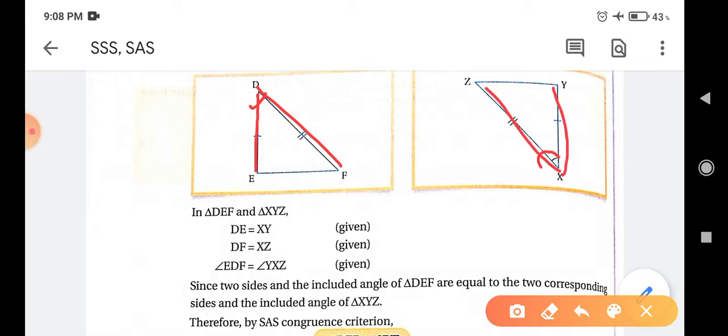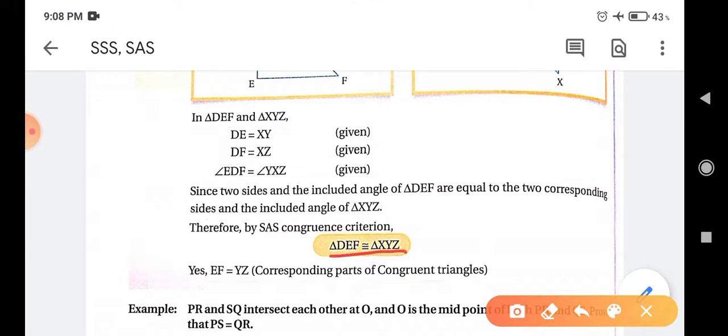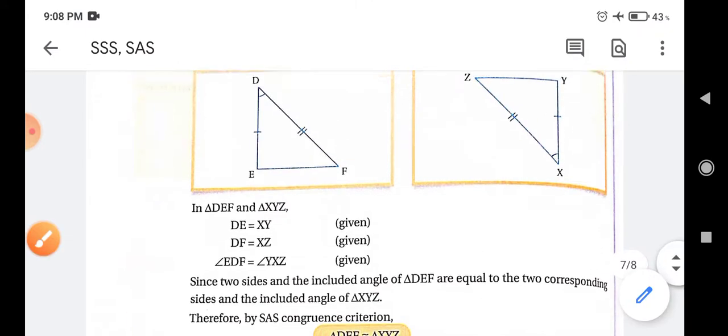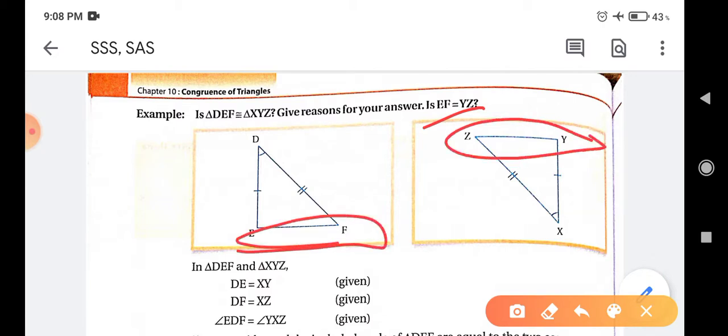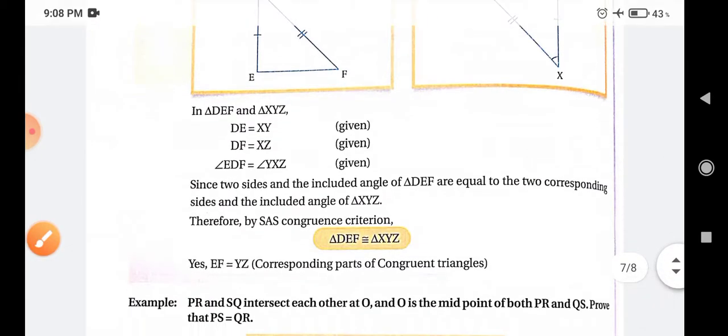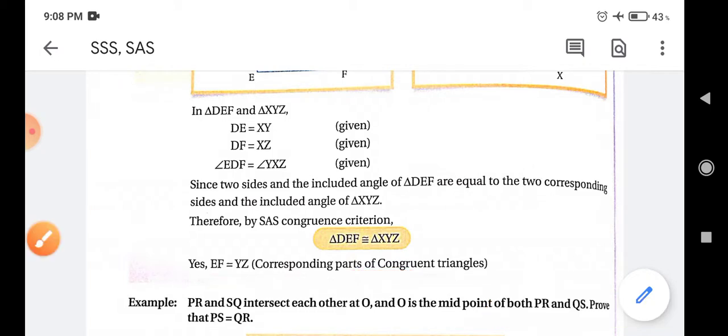So by SAS congruence criterion, side, angle, side, these triangles are congruent. Now we have to prove, is EF equal to YZ or not? These are equal because both triangles are congruent, so their corresponding parts are also equal. Yes, EF is equal to YZ because corresponding parts of congruent triangles are equal.